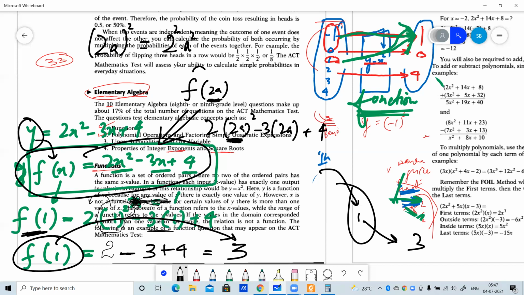Whenever you have parentheses, you have the power on everything inside. So it'll be 4a squared, correct. And 4a squared multiplied with 2.